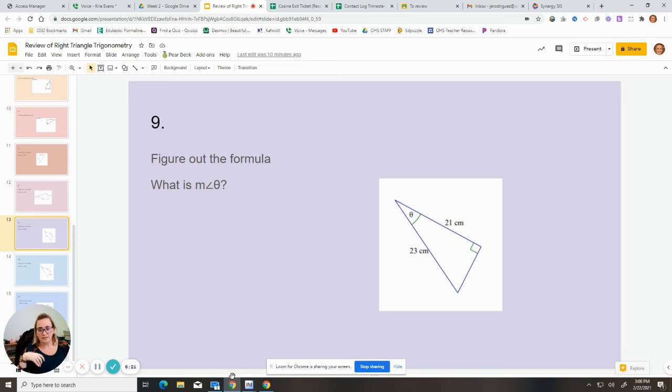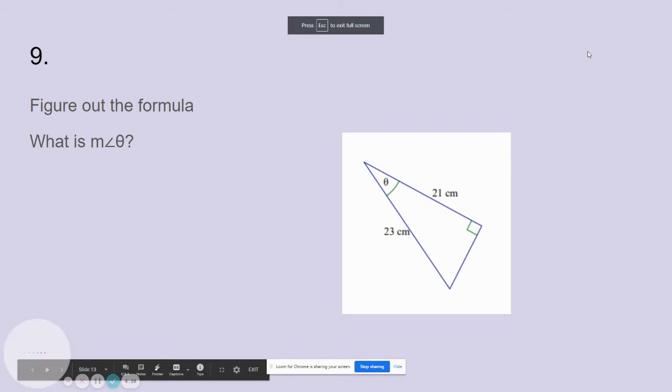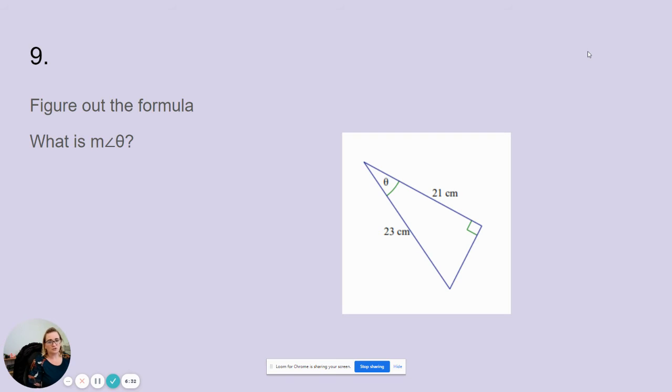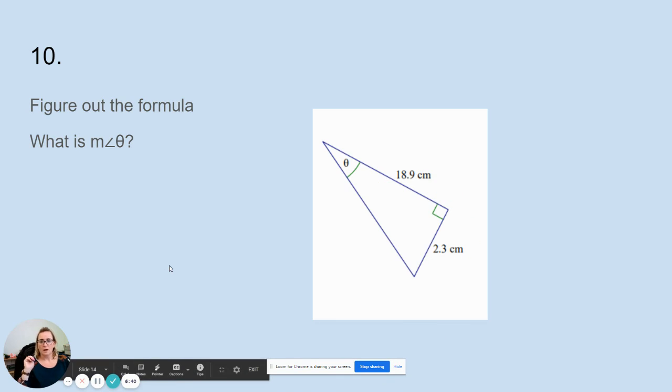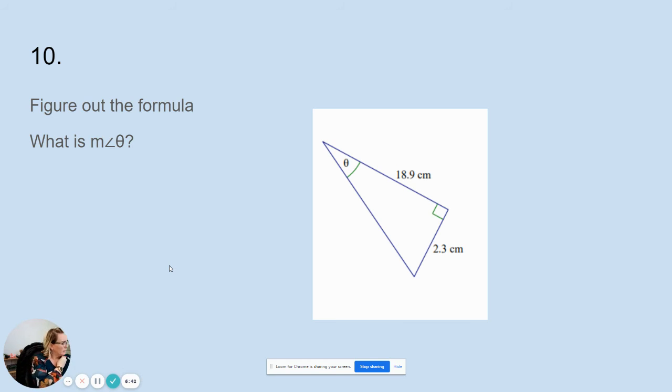So you guys try this one. Let me make it bigger for you. Take the information you have to be able to determine which formula you're using and then also plug it in and solve it. All right, so we're going to keep going.